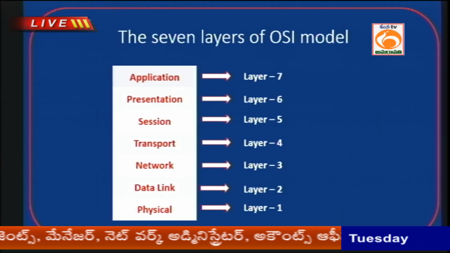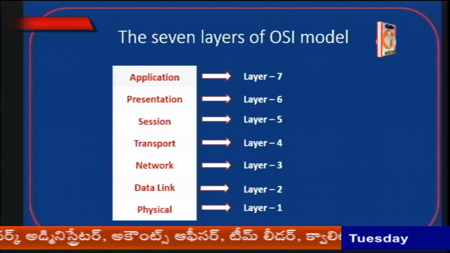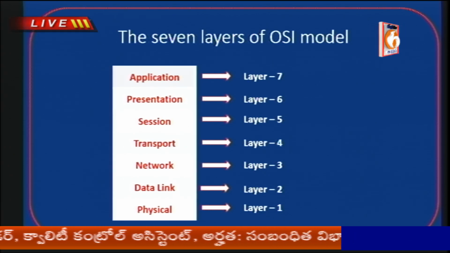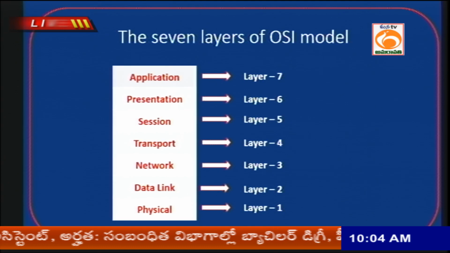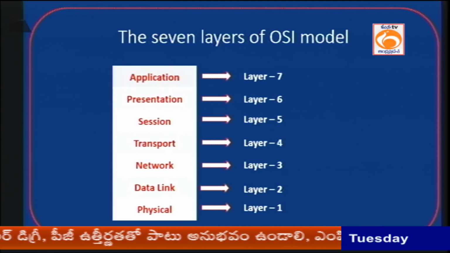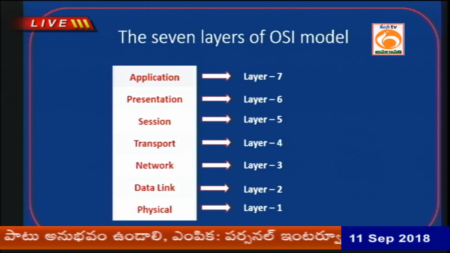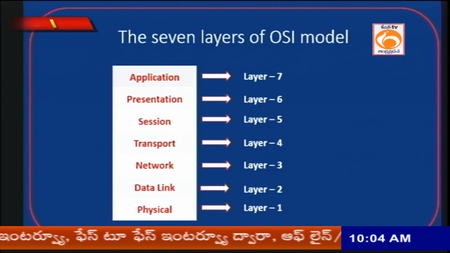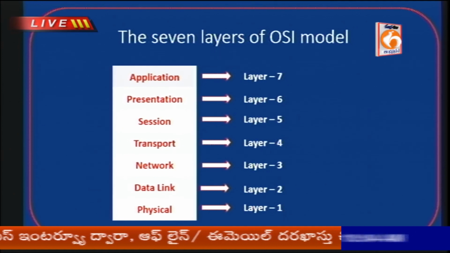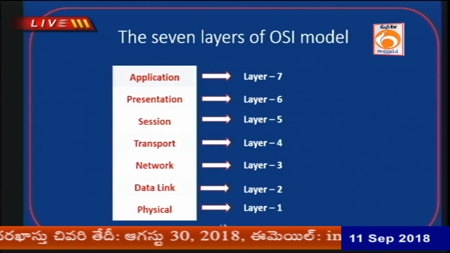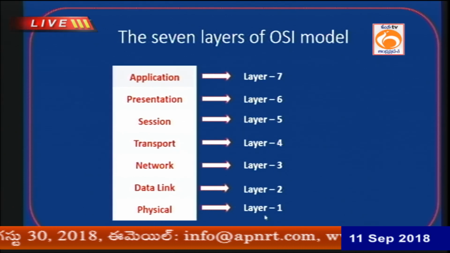These are the 7 layers that we are going to discuss now. They consist of the application layer, called layer 7, presentation layer, called layer 6, session layer, called layer 5, transport layer, called layer 4, network layer, called layer 3, data link layer, called layer 2, and finally the physical layer, called layer 1.